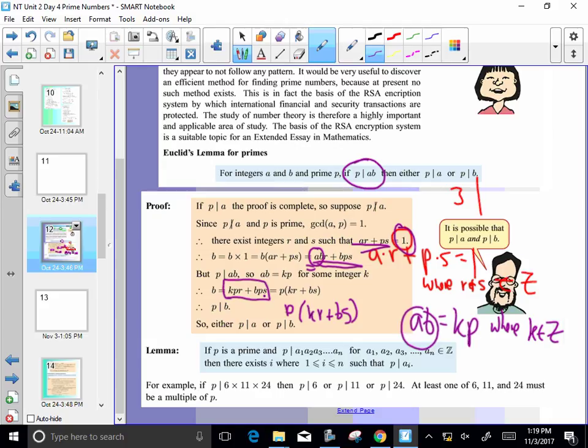Then if b is equal to this, what can we say about p and b? p divides b. And so since that's the case, p is either divisible by a, or if p isn't divisible by a, we just proved that p is divisible by b. That kind of makes sense.